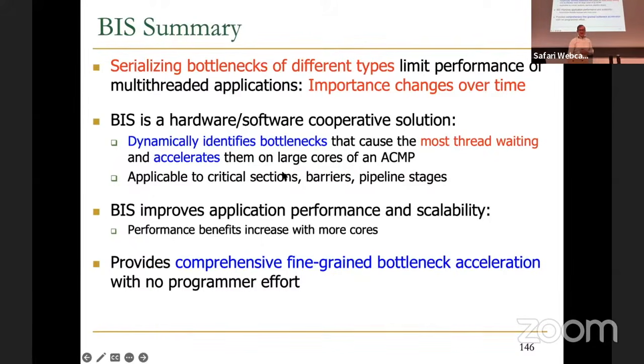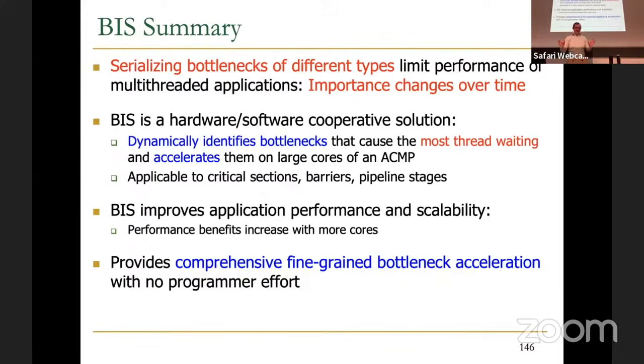Essentially, I think I will probably say this last point over here. This is a mechanism that gives you fine-grained bottleneck acceleration with no programmer effort. Hopefully no programmer effort. If the programs use libraries, you could actually do all of this in libraries. You could design a library, locking library, barrier library, pipeline parallel programming library that the programmer uses, and all of these instructions are already compiled, right?